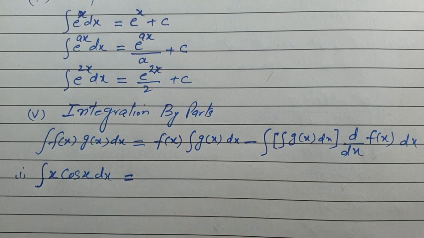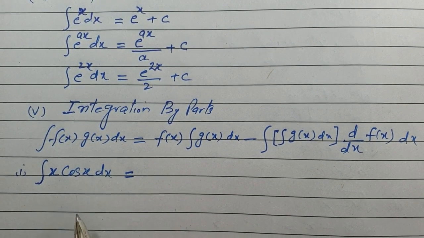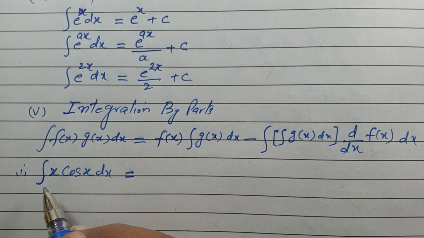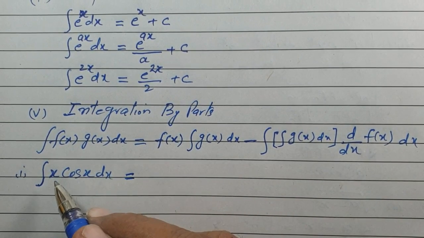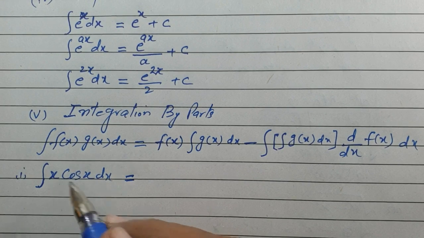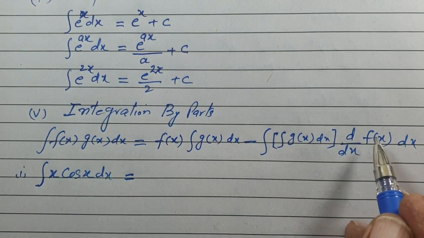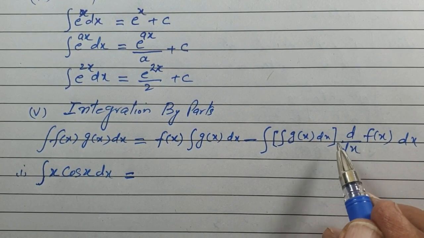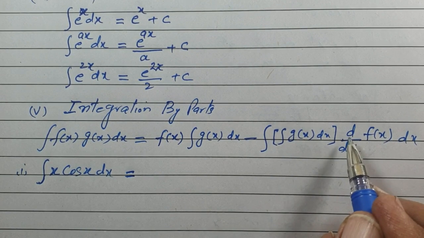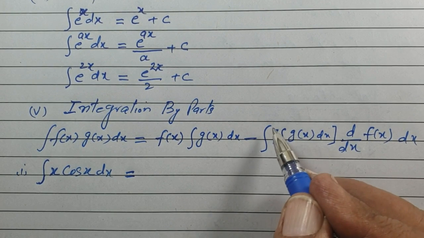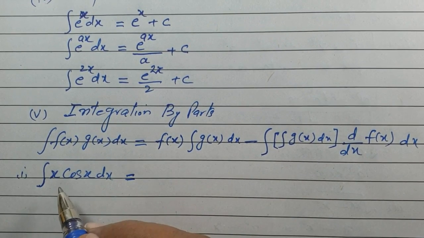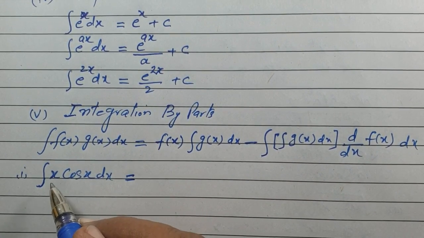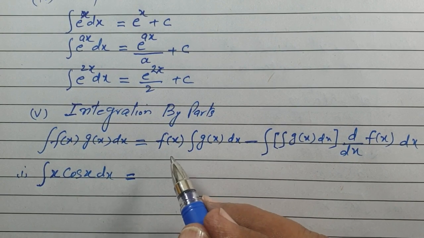Then which function must be the first? x must be the first function because at the end here we take its derivative and its derivative is 1. When we put 1 here, then this function becomes very simple to evaluate. This is why we take the simplest function as the first function.